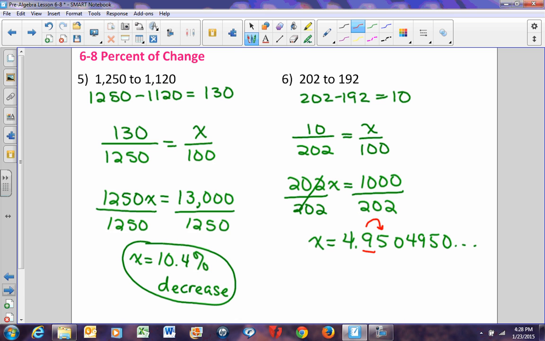It makes the 9 go to a 10, makes the 4 go to a 5, and I need to have that 0 in that place value so that I can tell people that I have definitely gone to that place value. So it's 5.0%, and it is a decrease.